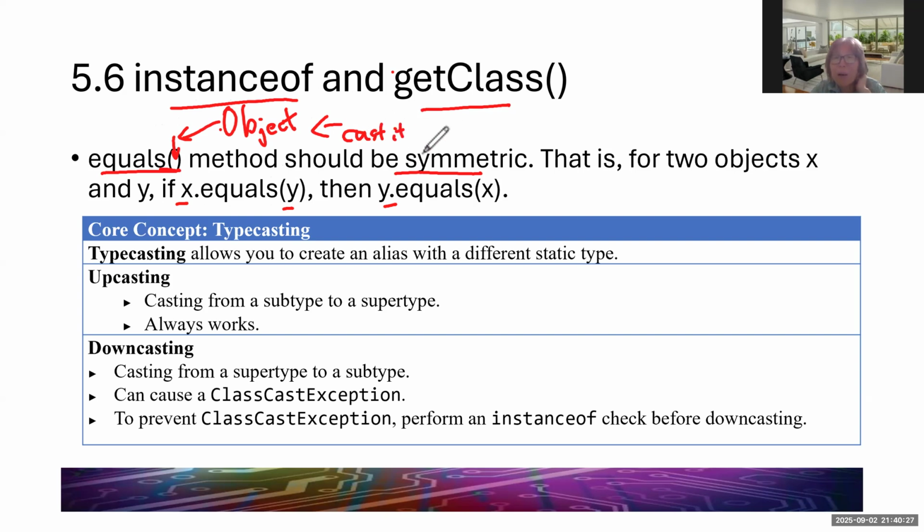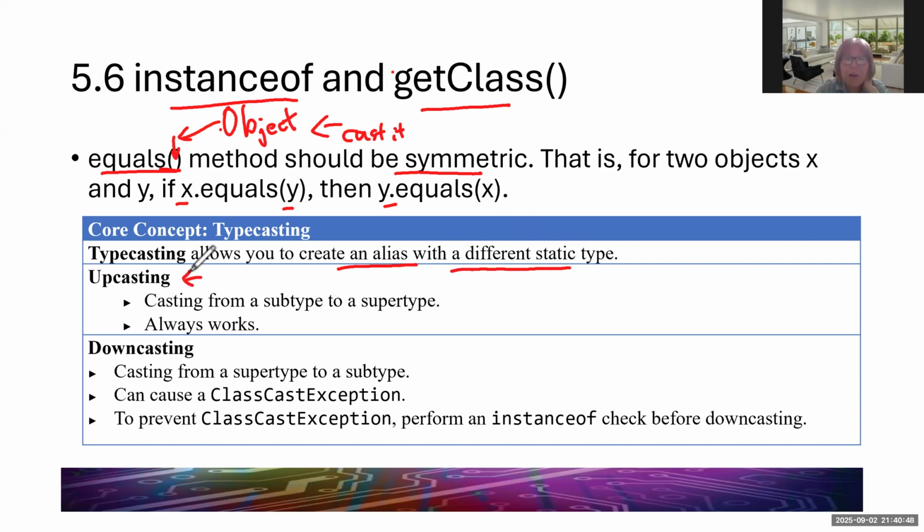Our own class is basically a subclass of Object. So that involves type casting, which allows us to create an alias with a different static type.